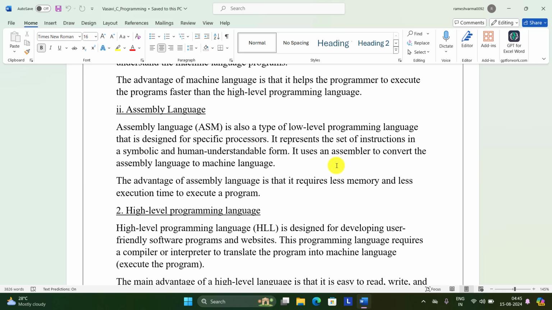So if you write assembly language in my computer, that will be different for another computer because the assembly language instructions might change from computer to computer. That is machine dependent. So this is also a tough task, writing the code in mnemonic codes.